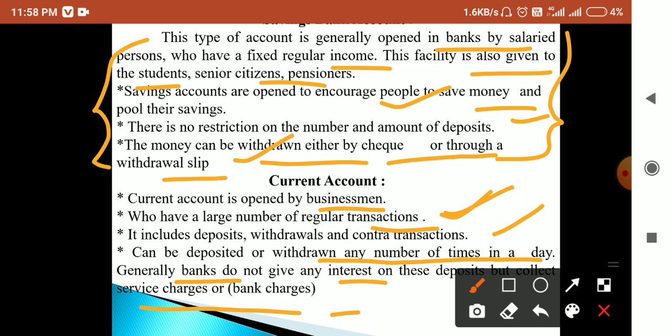Which type of account provides deposit and withdrawal any number of times in a day? The current account. Generally they do not give any interest on this type of deposit amount, but they will collect service charges also.